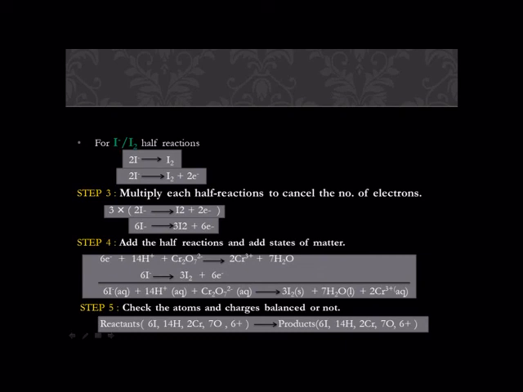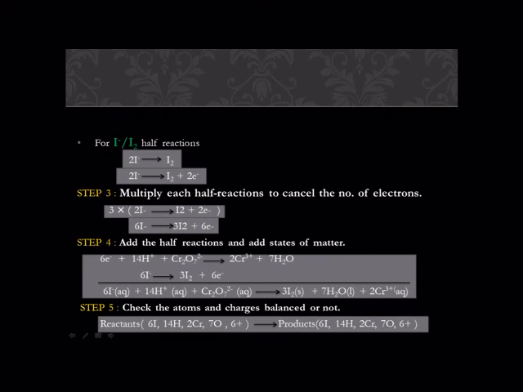And here we have 14 minus 6 is 8, and 8 minus 2 is 6 positive charges on the reactant side, and here we have 3 times 2, which is 6 positive charges. So overall we have balanced the chemical reaction.